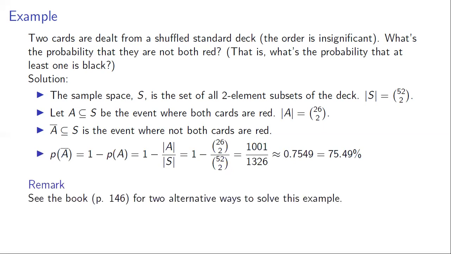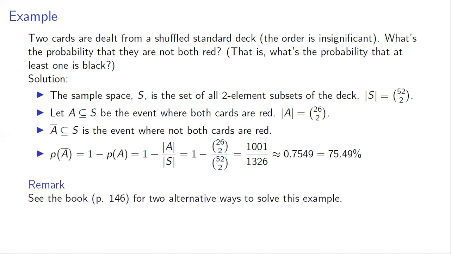Now, in the book there are actually at least two other ways to solve this problem. One of them is using the corollary from a few minutes ago, and the other way is using union. So you can solve this problem using probability of A union B. Both of those ways are found in the book, and you can read them if you're interested.